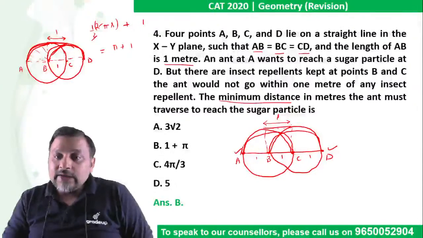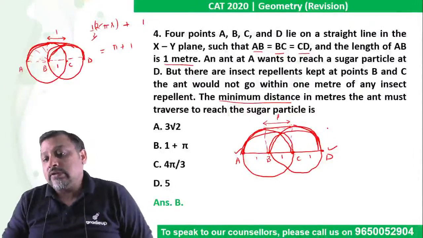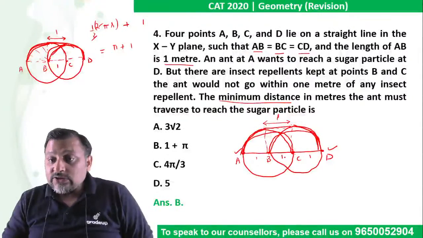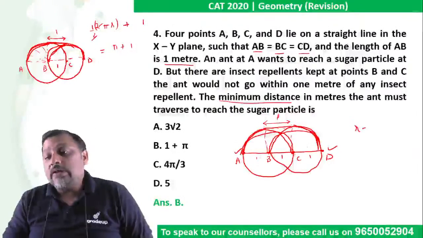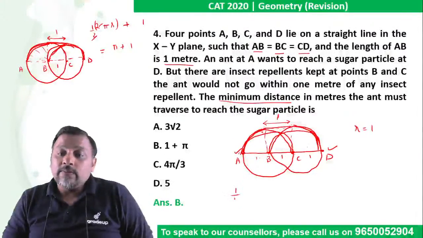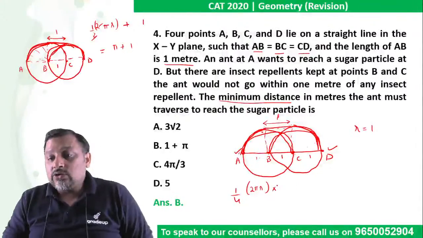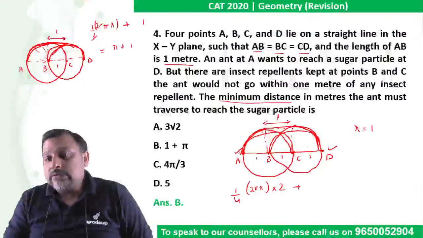And this is 1/4 of a circle. So this is 1/4 of a circle, and this is also 1/4 of the circumference of the circle. And the radius of both these circles is 1 unit. So 1/4 of this, plus 1/4 for this, so twice, and then this one.